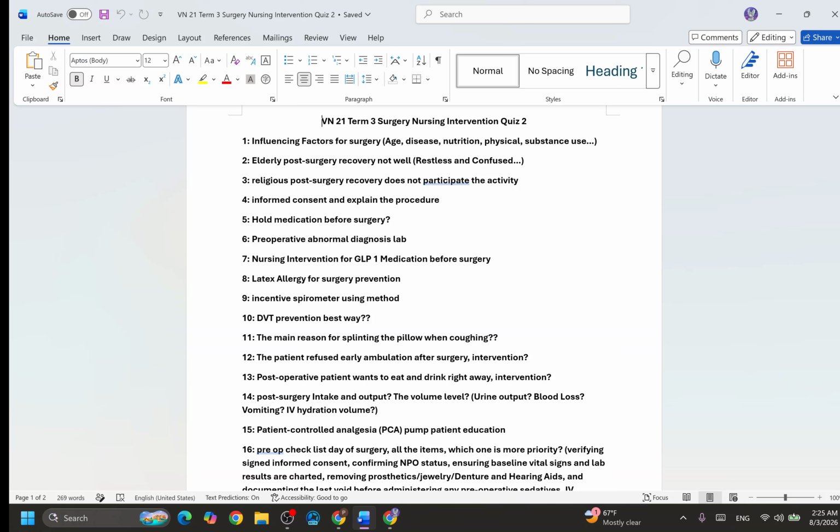Number 9, incentive spirometer using method. Remember the PowerPoint, we have 2 PowerPoints talking about the incentive spirometer. This question is asking how the patient can use the incentive spirometer. Can the patient hold the breath? How many seconds? Does the mouth need to seal the piece?